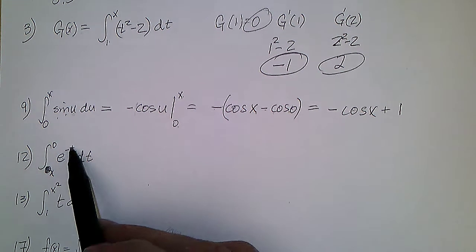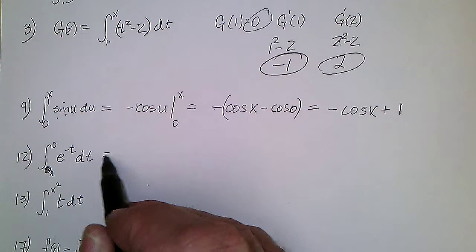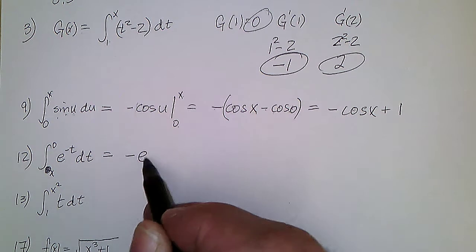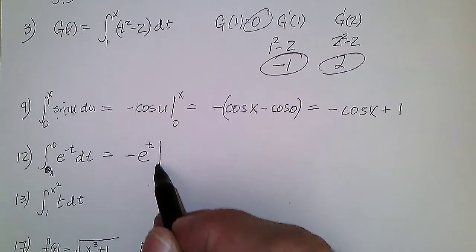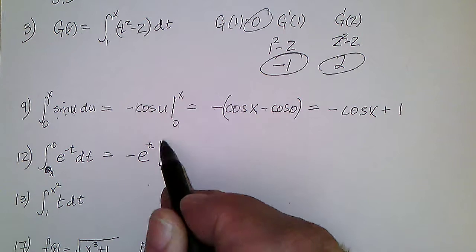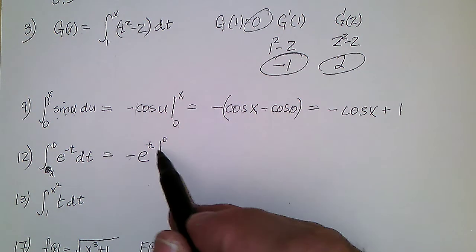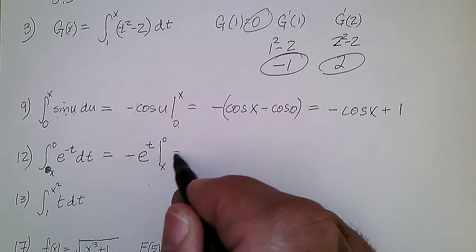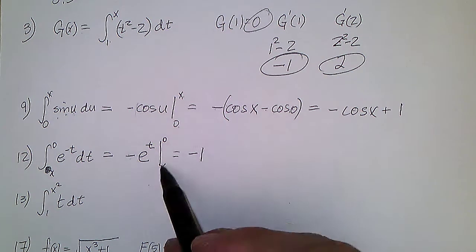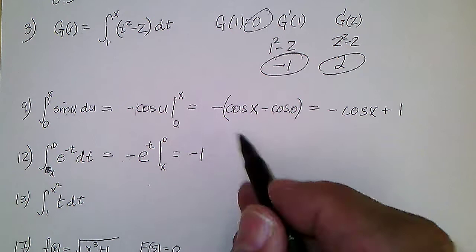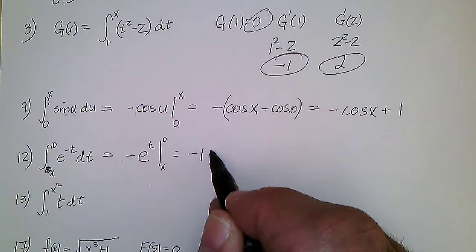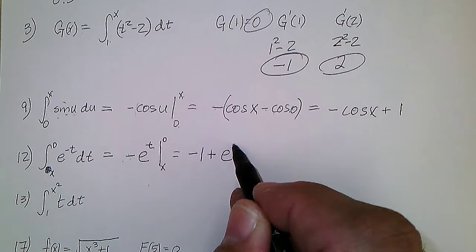The integral of e to the negative t is negative e to the t, evaluated from x to 0, so I put 0 in and I get e to the 0, which is 1, negative, so I get negative 1. Then I put x in there and I get minus e to the x.